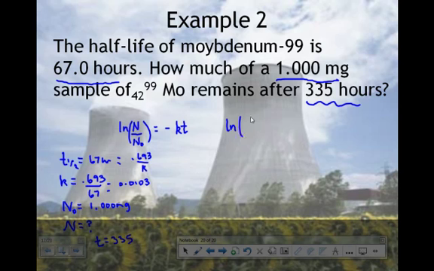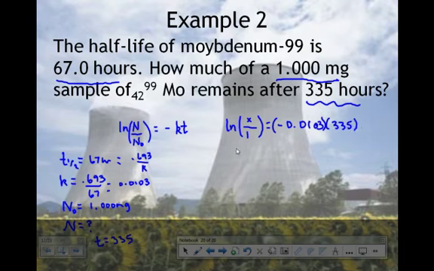I have my natural log of what I want to know, I'll call that x, divided by 1 milligram is equal to minus k, which was 0.0103, times my time, 335 hours.